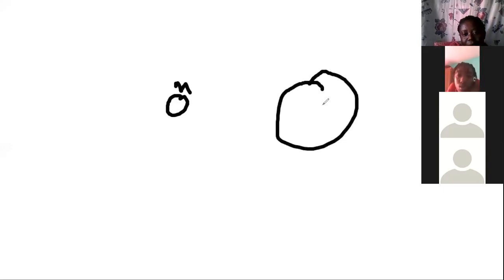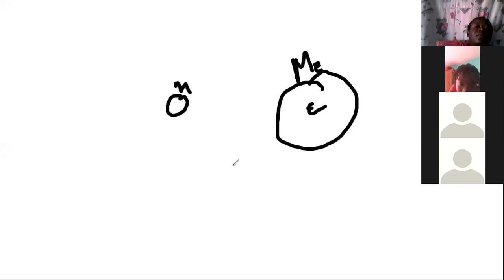if this is an object of mass m, and we have this big one as our Earth with capital M, the mass of the Earth, and the mass of the particle.